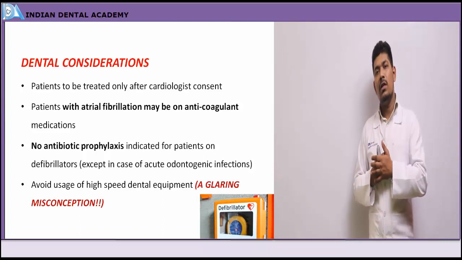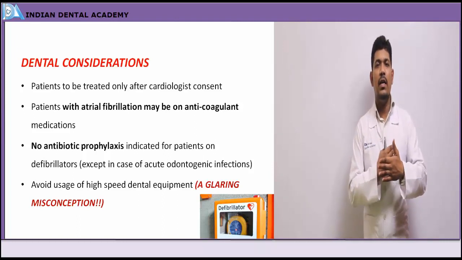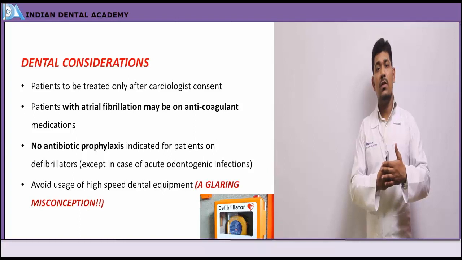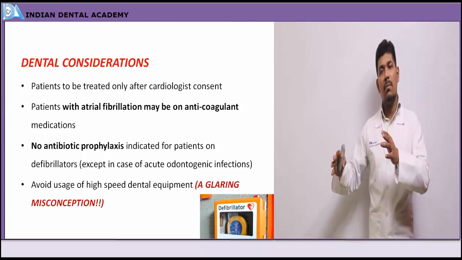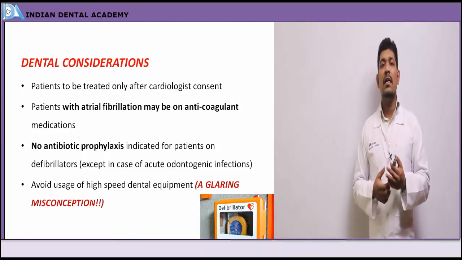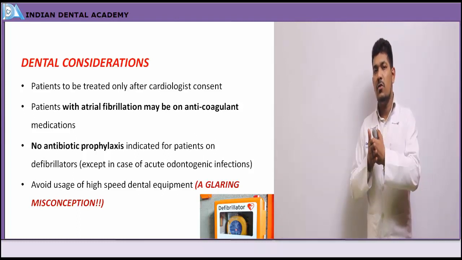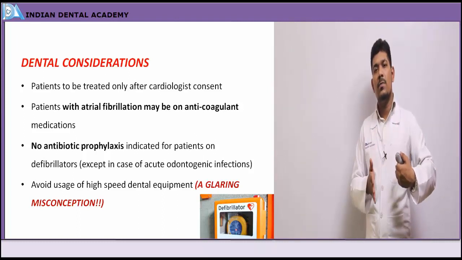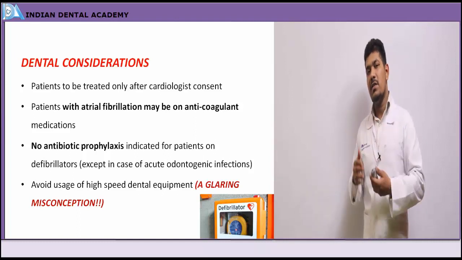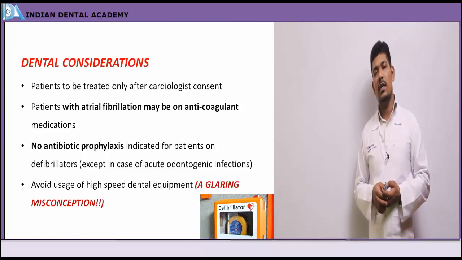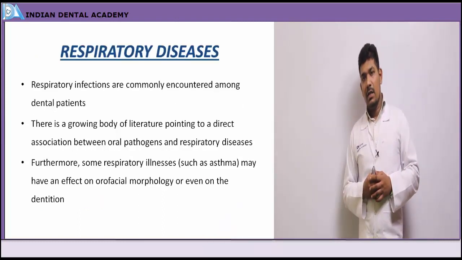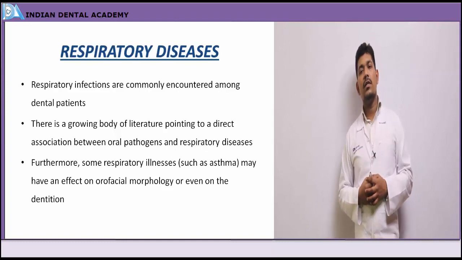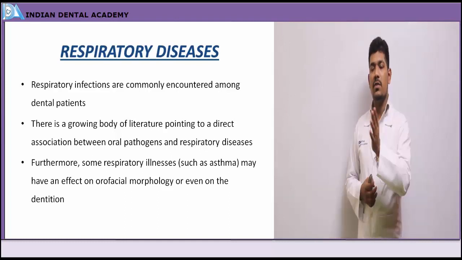Contrary to the normal belief that these high-speed handpieces, motors or all the equipment have an electrical or a magnetic effect upon these prosthetic valves, it has been proven otherwise, that there is no link between these two, and it is perfectly safe to use this high-speed equipment even in patients who have these prosthetic valves. So that being the dental considerations which have to be taken care of for patients with CV systems.